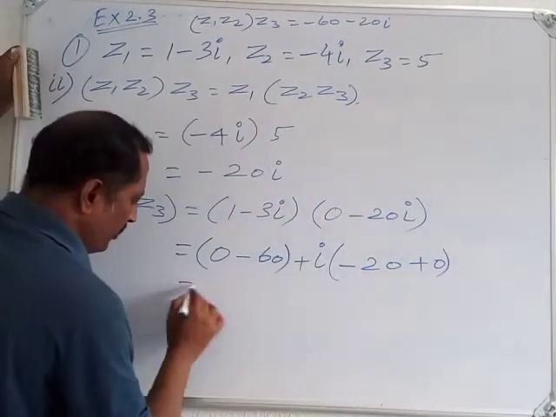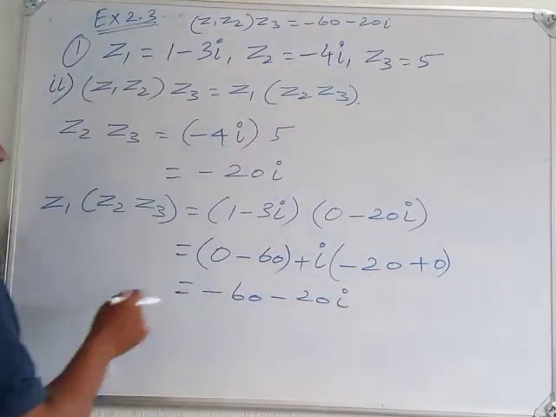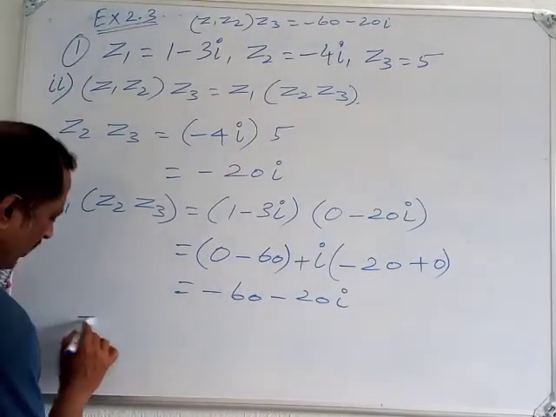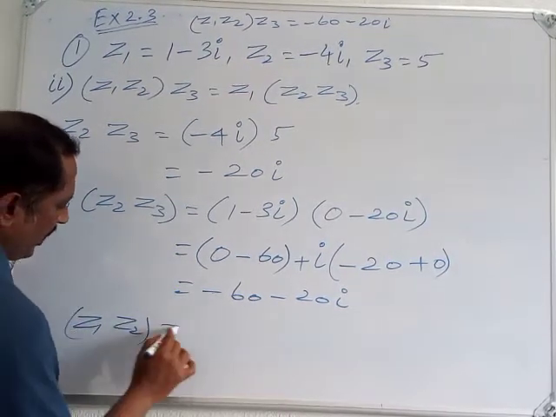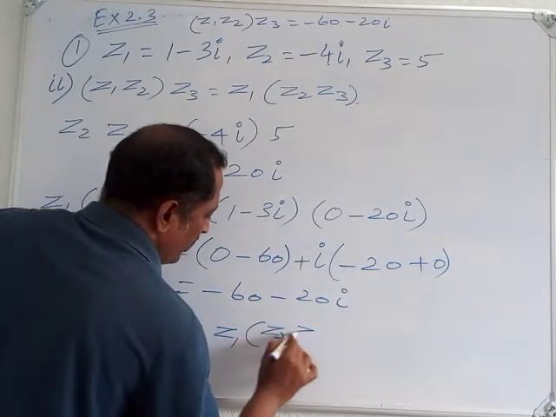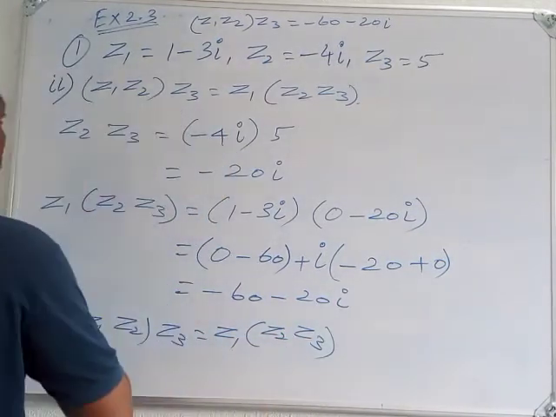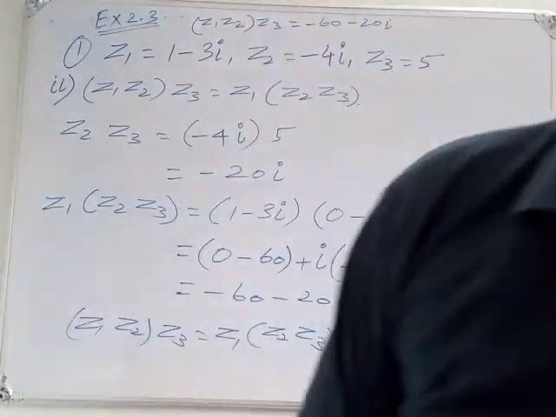So this is equal to minus 60 minus 20i. Checking, both answers are equal. Therefore z1 z2 into z3 is equal to z1 into z2 z3. So first sum, first division over.